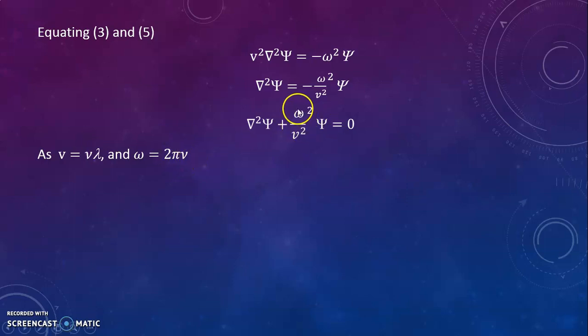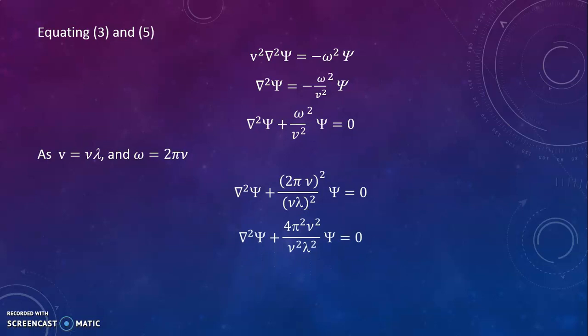So when we put this value here, we'll get del square psi plus (2 pi nu) square upon (nu lambda) square psi, which is equal to 0. Now we can cancel the common terms from that equation.